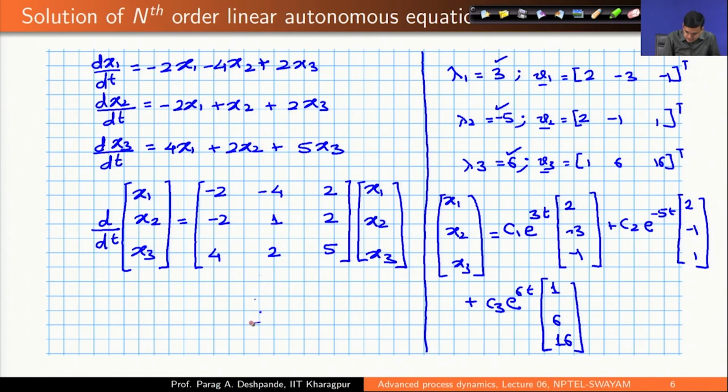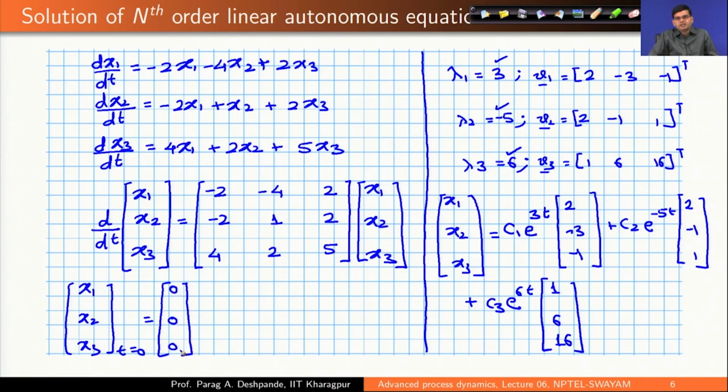Let us say that the initial conditions are given to me as (x1, x2, x3) at t = 0 equal to (0, 0, 0), just for an example. So, what will happen? I will substitute this here, and I will substitute t = 0 in all of these cases.